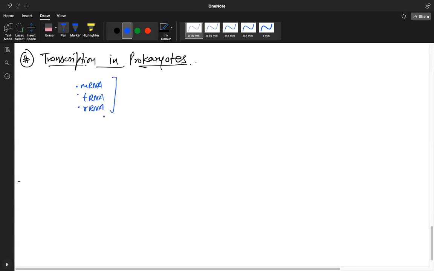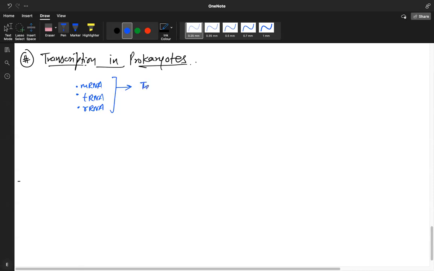All these three RNAs are required for translation, but all these three RNAs have to be transcribed first, during the process of transcription. And the good thing is that in bacteria, to transcribe all these three RNAs, you have a single RNA polymerase.